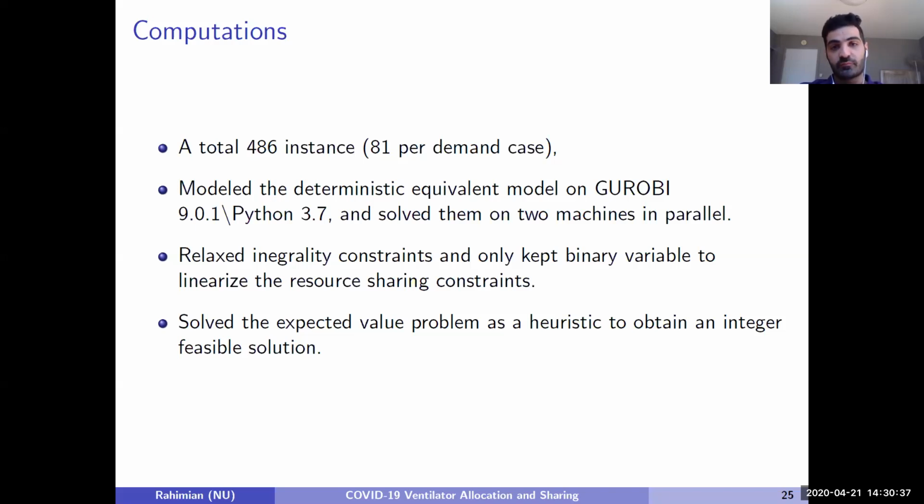We observed that within a time limit of 2 to 3 hours, we could not even obtain an integer solution to these problems, and we were not able to solve many of the instances to optimality. So we finally decided to solve an expected value problem and obtain an integer solution. We took that as a heuristic to obtain an integer solution that would give an upper bound on the optimal value.